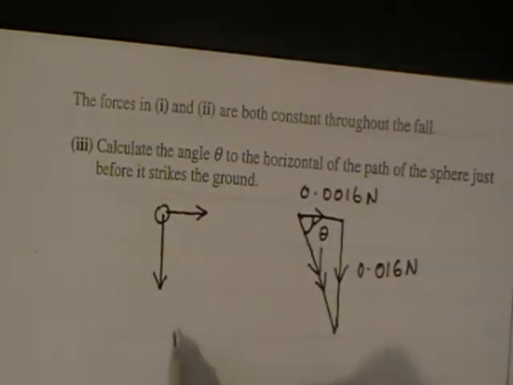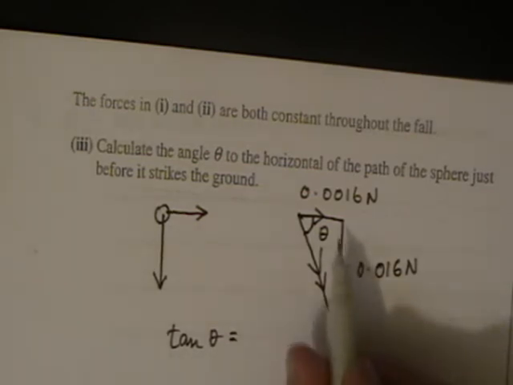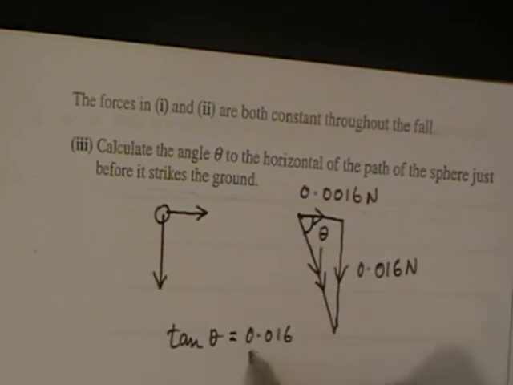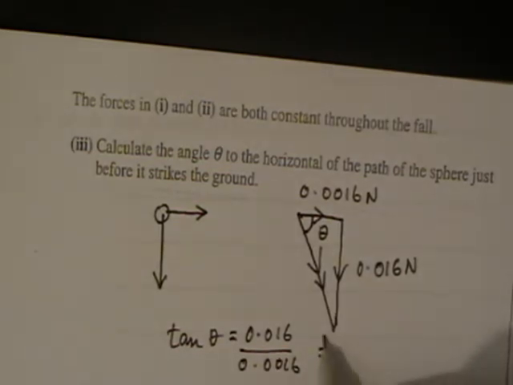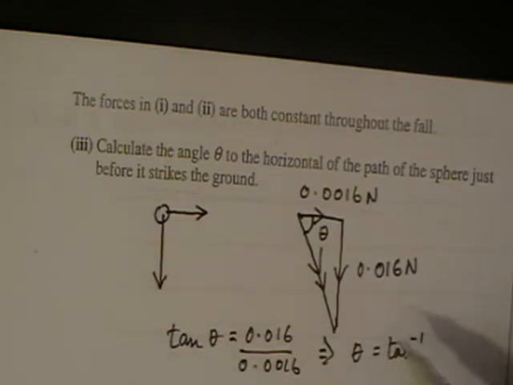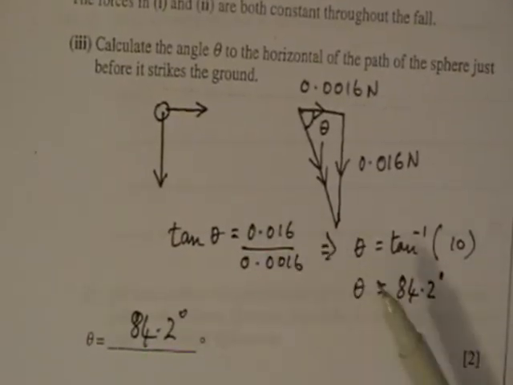So tan theta is equal to the opposite over the adjacent, so that's 0.016 divided by 0.0016, which means theta is equal to the inverse tan of, well, that's approximately 10. When we calculate that, theta is equal to 84.2 degrees. So 84.2 degrees is the angle that it makes with the horizontal.